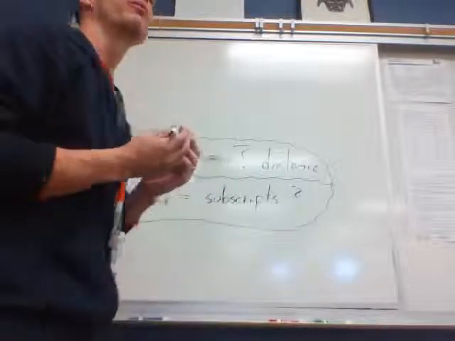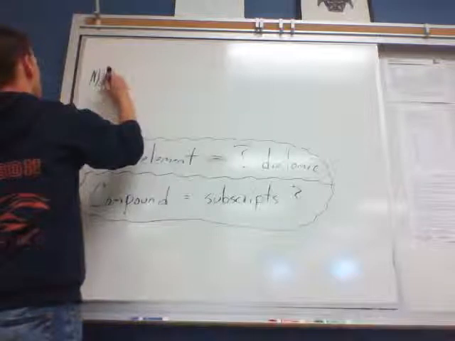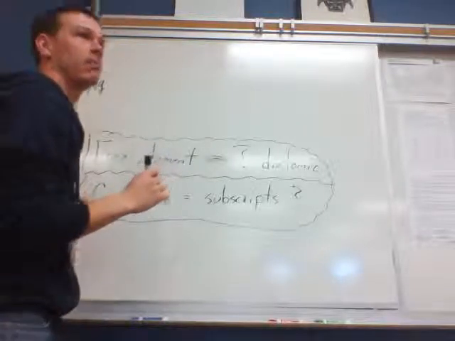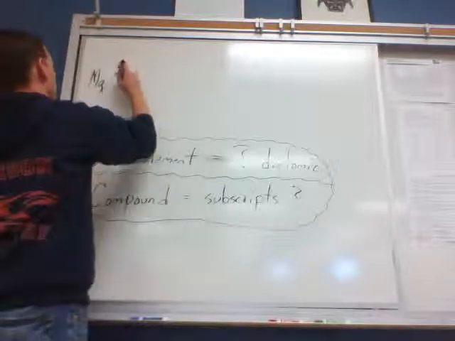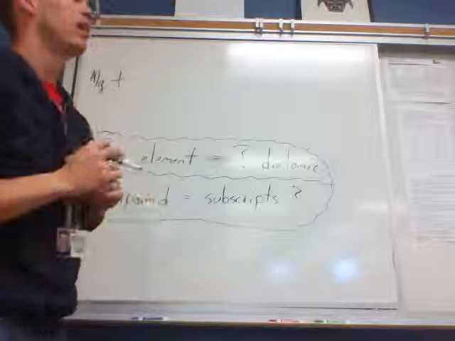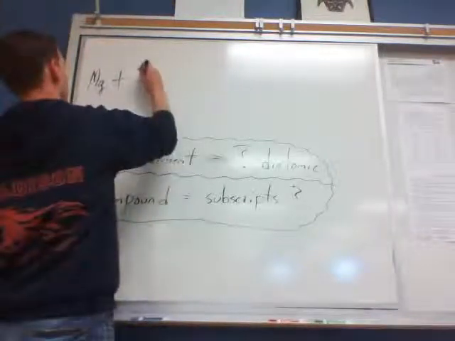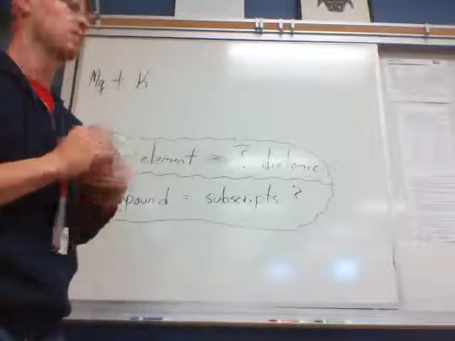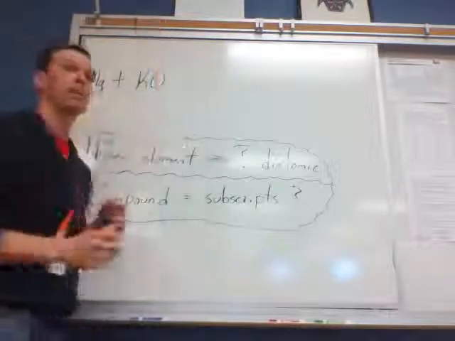Word for word. Magnesium, Mg. And plus. Come on, play along. It's fun. We can get the tennis ball out. Potassium. Okay. Oxide. Now, notice there was nothing between the potassium and the oxide, so I'm not going to put anything between my potassium and oxide.